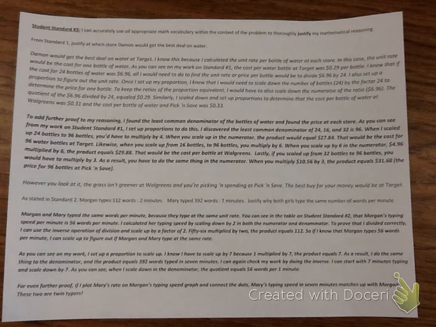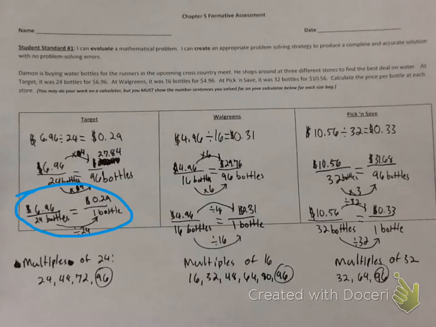But then I go into adding further proof to my reasoning, and one of the ways you could do that would be to find a least common denominator, like I did. I'm going to highlight this in yellow here. So my least common denominator for each was 96 bottles.